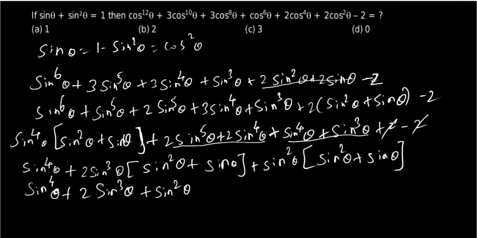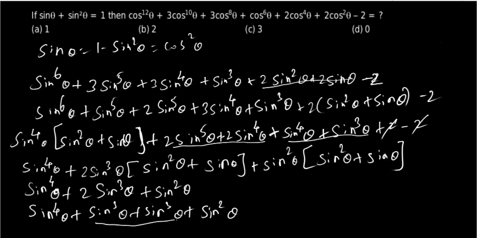This 2 sine cube theta if we split, so sine power 4 theta plus sine cube theta plus again sine cube theta plus sine square theta. That means this 2 sine cube theta we wrote as 2 terms, sine cube theta plus sine cube theta.